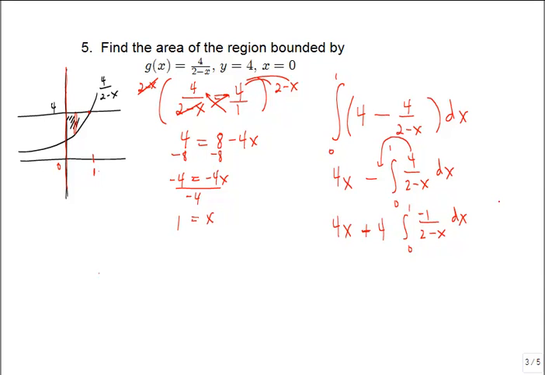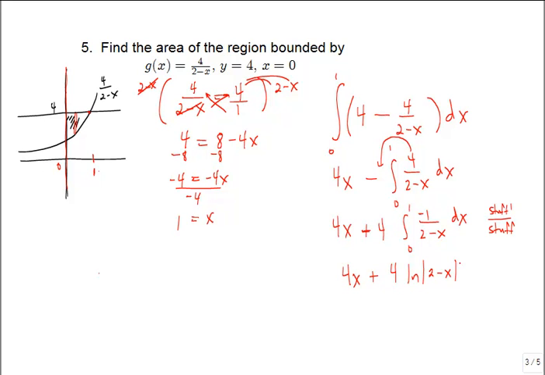Now this is stuff prime over stuff, and the antiderivative of that is the ln of the stuff, the ln of the denominator. So this will be the ln of the absolute value of 2 minus x, and this 4 will stay out front. The derivative of 4 ln of 2 minus x is 4 times -1 over 2 minus x. That's why it works.